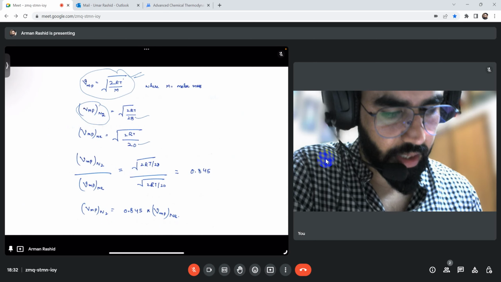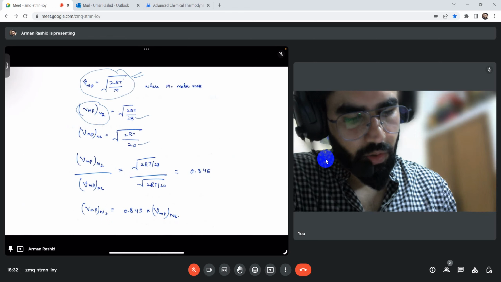Similarly for neon it is 2RT divided by 20. If we divide these, we can calculate the ratio, and it comes out to be about 0.85. That means the most probable velocity of nitrogen is 0.845 times that of the most probable velocity of neon.